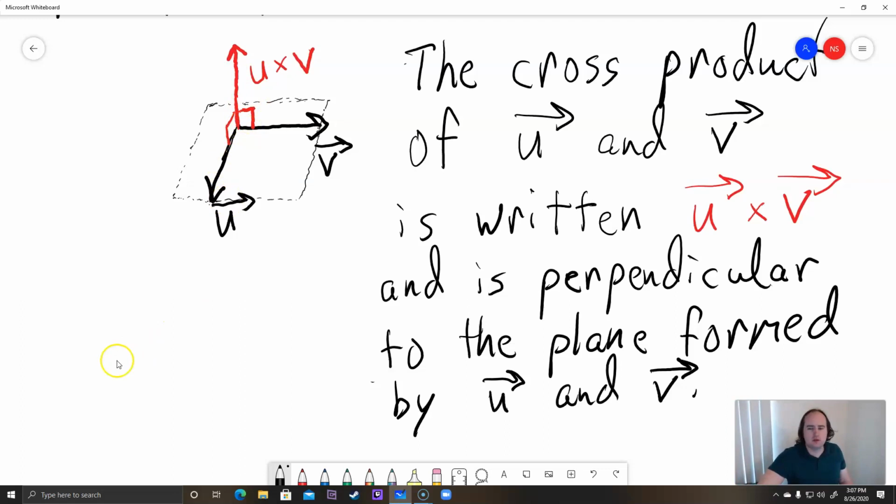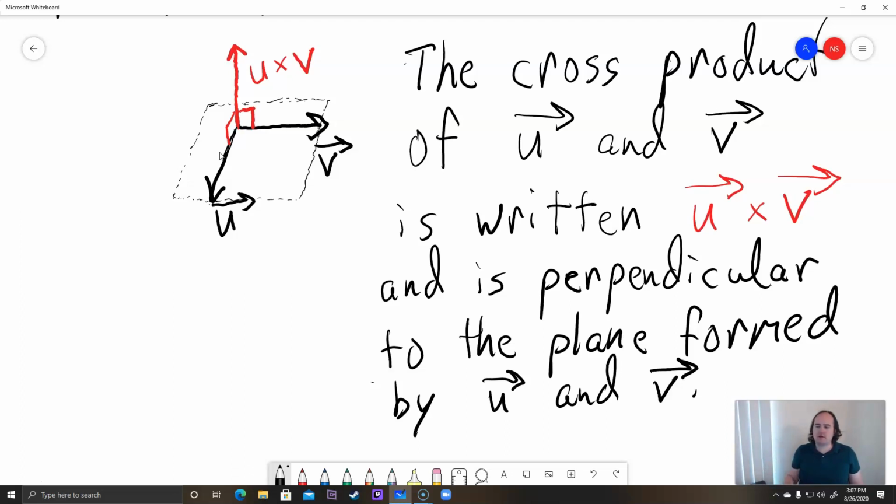So the right-hand rule says that for u cross v, you put your right hand with your fingers on u, and then you curl your fingers towards v, and then whichever direction your thumb is pointing tells you the direction of u cross v.